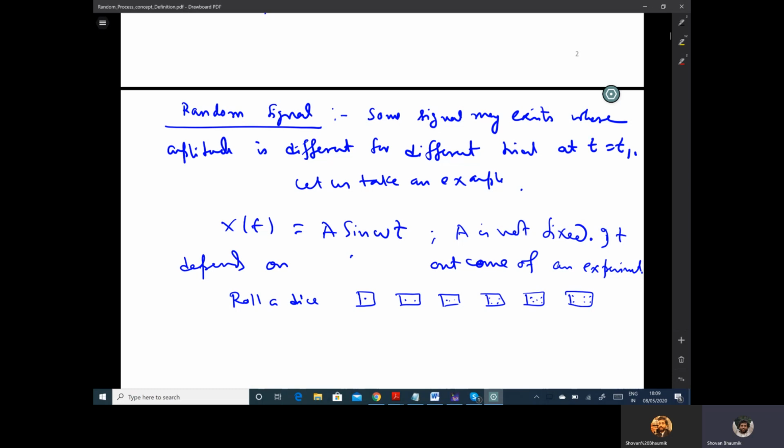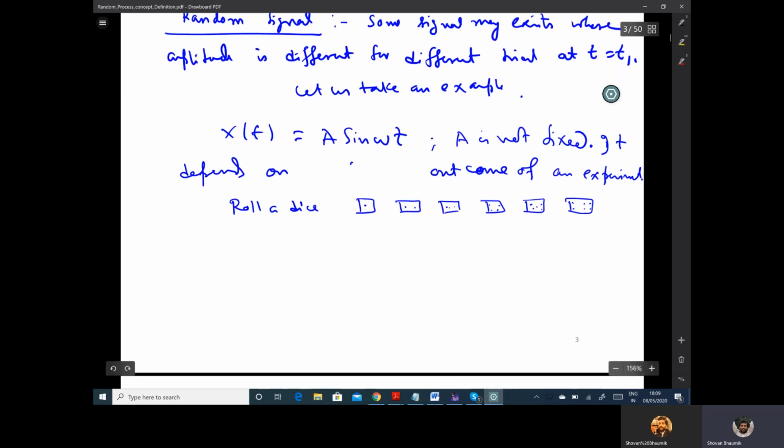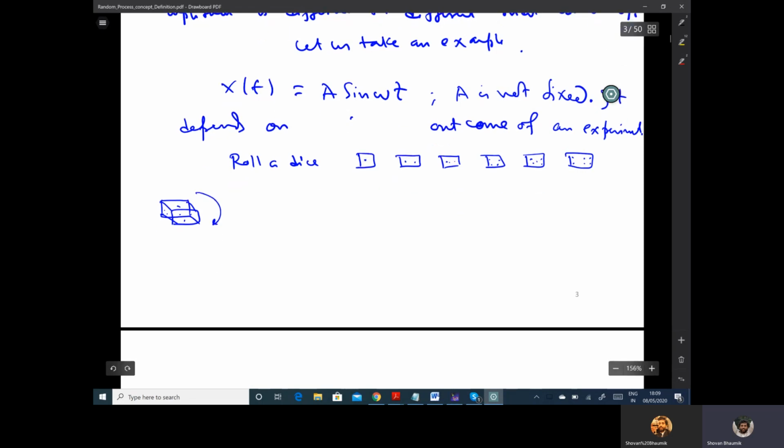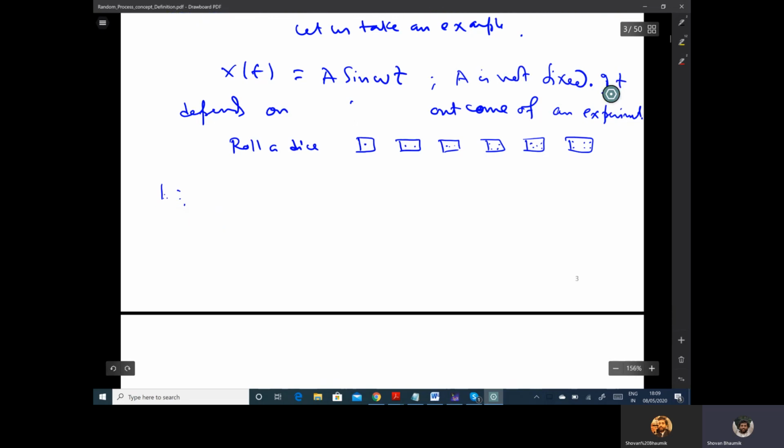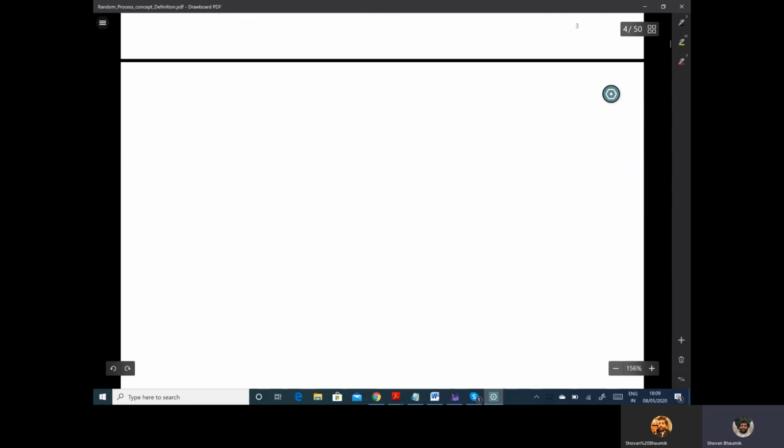Okay, so let's write it more carefully. Let's draw on a fresh page.